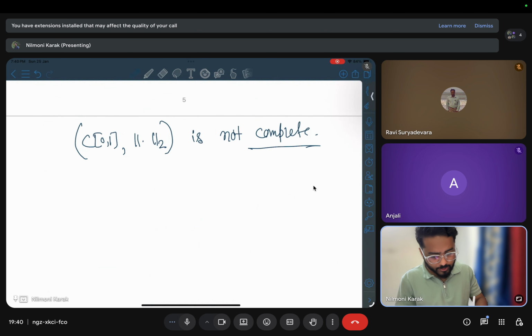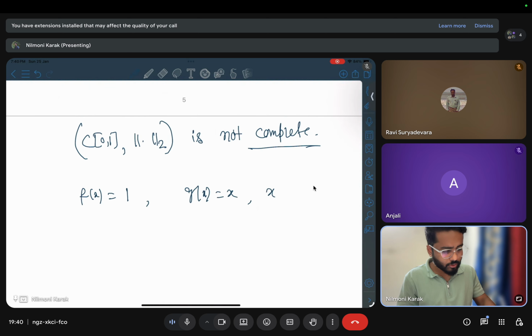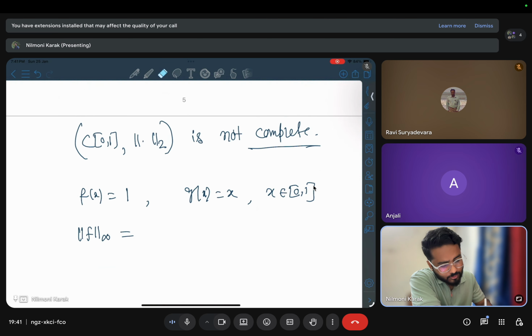So why is it not a Hilbert space? Take two functions, f(x) equals 1, which is continuous, and g(x) equals x, which is also continuous. The norm of f is 1, because I am taking the supremum over x in [0,1] of |f(x)|, and f(x) is everywhere 1.